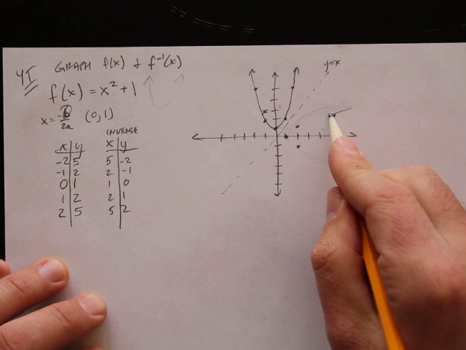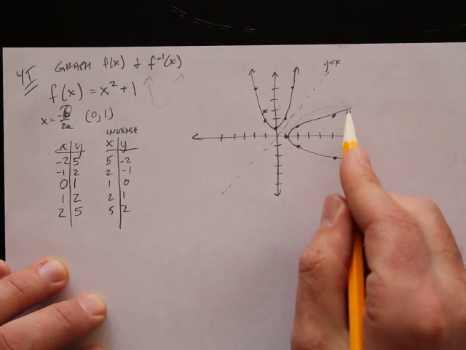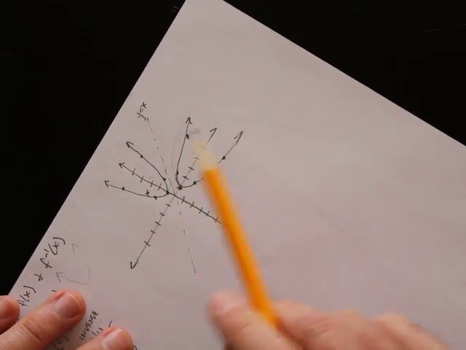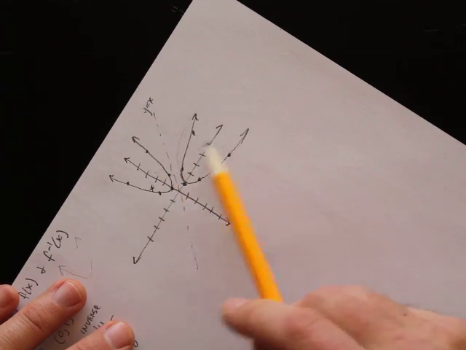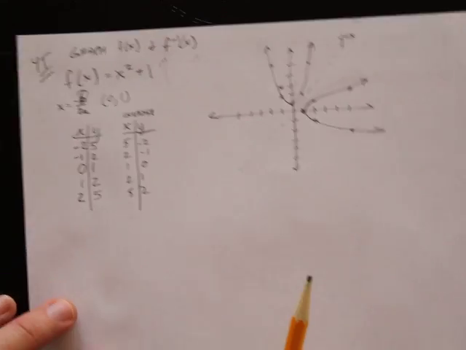And so there is my graph. There we go. And if I go this way, you can see they are perfectly, exactly mirror images of one another along y equals x.